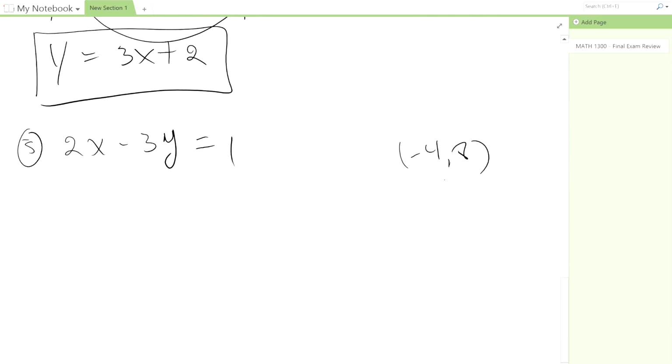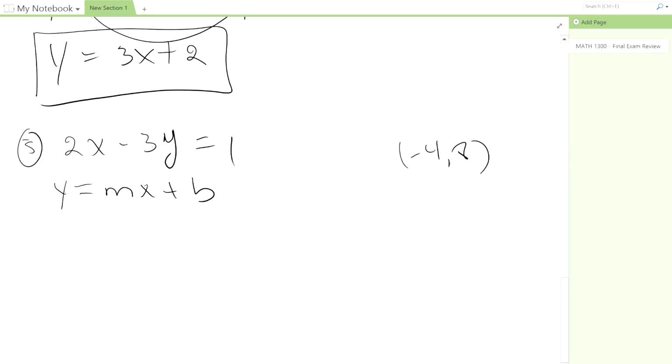Okay, so now I'm looking at this equation and I'm wondering, what is the slope of this equation? What I would do is put this equation into slope-intercept form. The equation for the slope-intercept form looks like this: y equals mx plus b, where m is the slope and b is the y-intercept. So let's go ahead and solve for y.